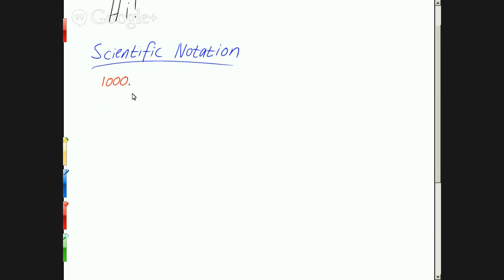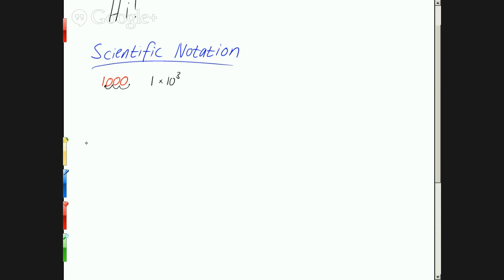We count the number of times we move it. So we go 1, 2, 3. Now there's one number left on the left. All right? And so this becomes 1 times 10 to the third because we moved it 3 times.